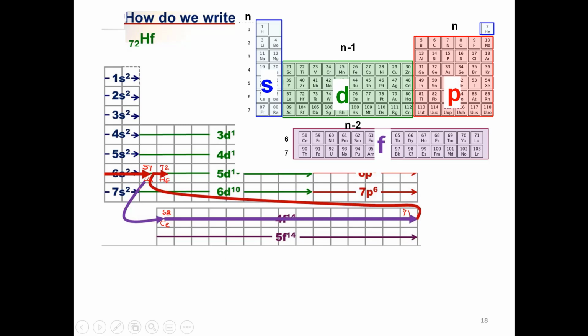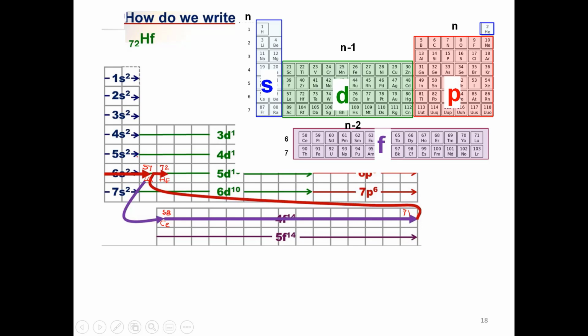Then we can see in this case the first part of the electronic configuration is the same as we were doing before. Yes, we will write the same way. But when we reach this point, we need to be careful, because in this case we have to move down, since it's 58. We need to pass through all this group, and then we need to come back.